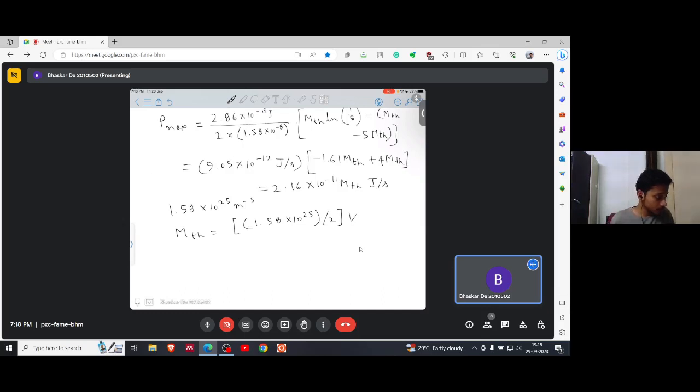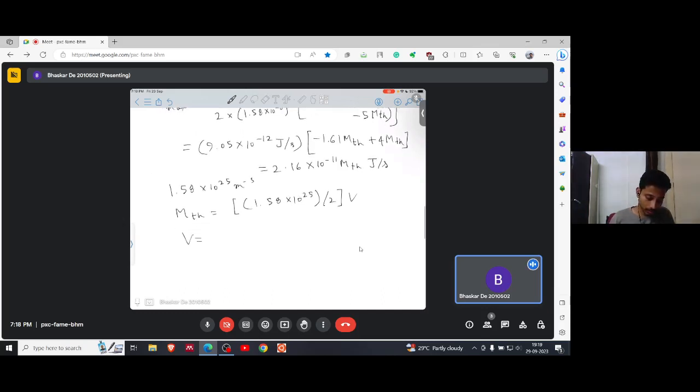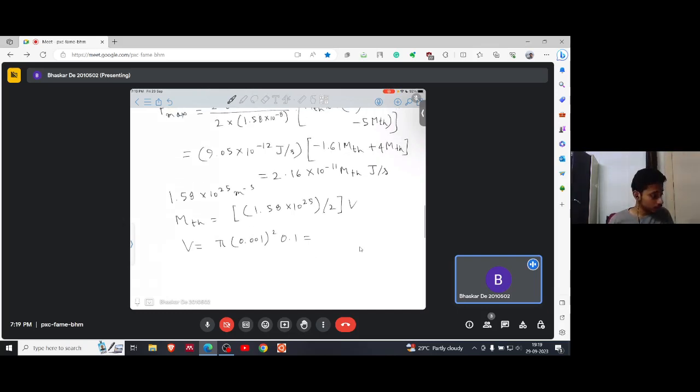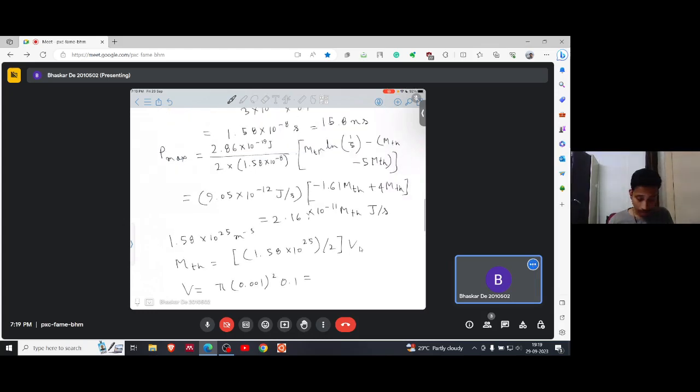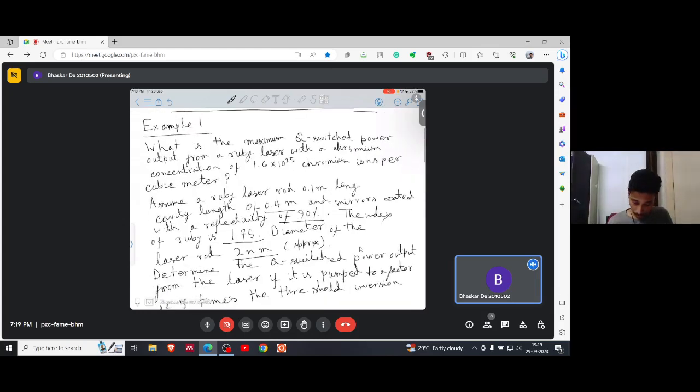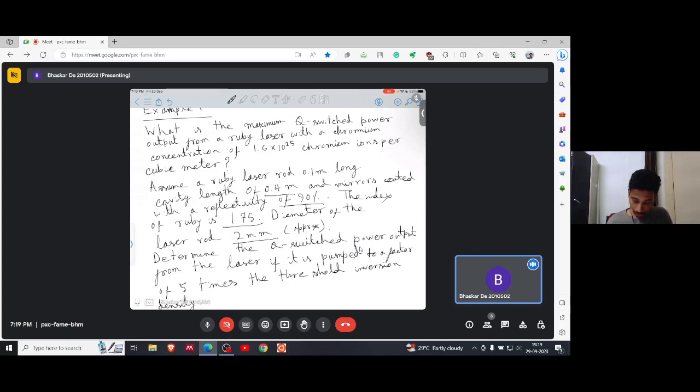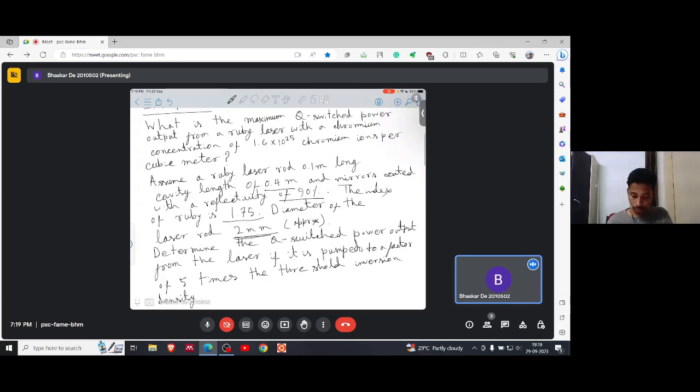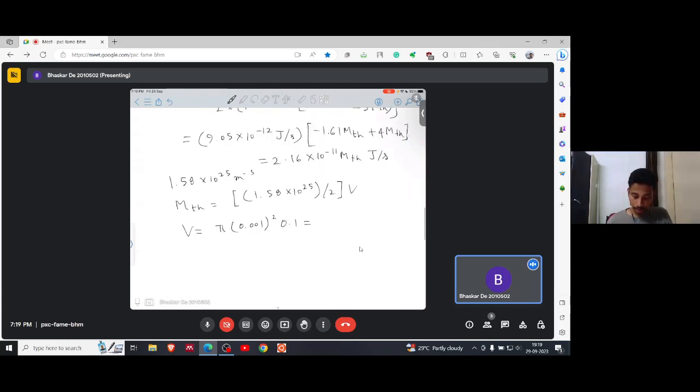So the V will be pi into 0.001 squared into 0.1. This 0.001 is basically the radius. The diameter of the laser rod is 2 mm, so the radius is 1 mm, and that's why I have written 0.001 meter radius, and then the 0.1 is the length of the rod.